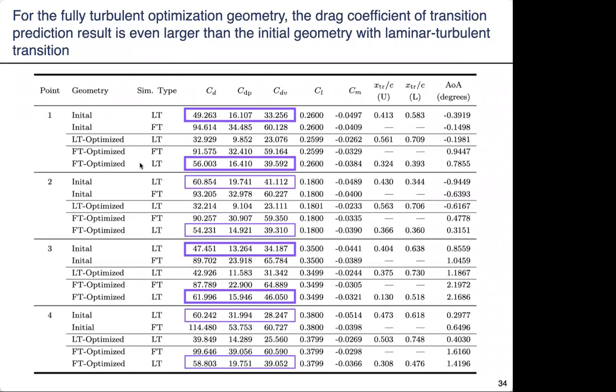And interestingly, for the fully turbulent optimized geometry, when we implemented the laminar to turbulent flow, the drag of this is even larger than the initial case. This again emphasizes that accurate transition prediction and gradient computation are very significant.